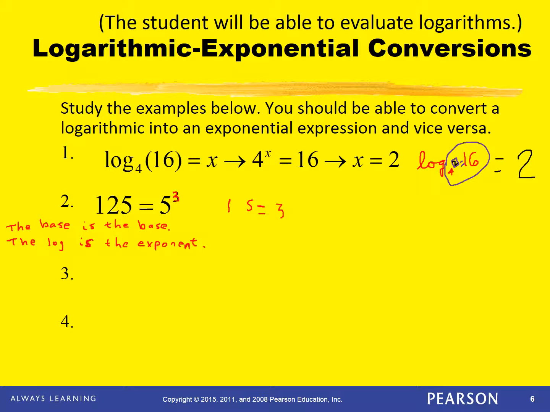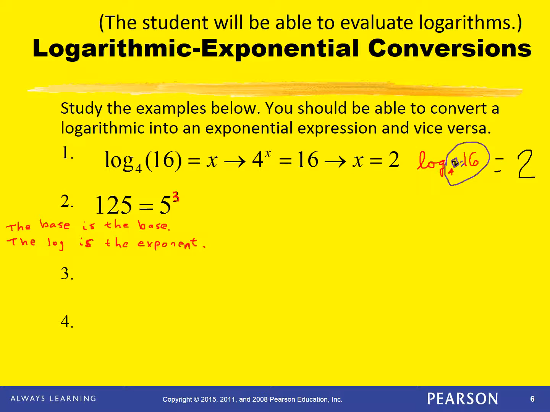The logarithm, of course, has no meaning without an argument, and by process of elimination, the argument is 125. So the equivalent logarithmic equation is log base 5 of 125 equals 3.